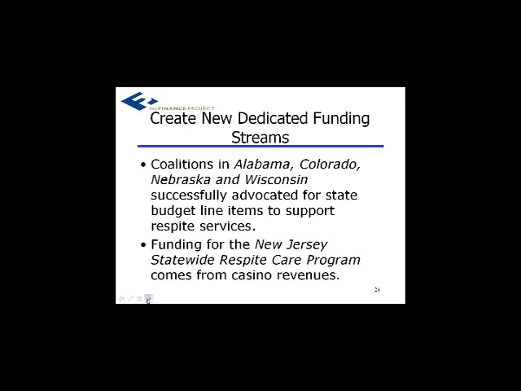New Jersey has very few restrictions on how casino, gaming, and those sorts of revenues can be used. And the New Jersey statewide respite care program was able to access casino revenues to support their services.